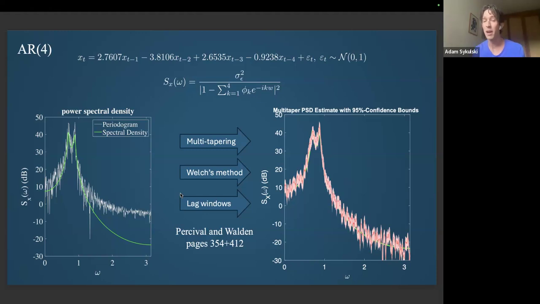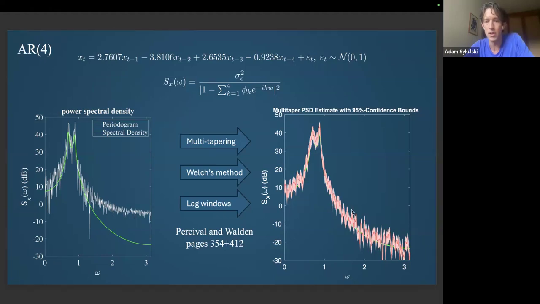And in the state of the art, there exist many, many methods for correcting this bias and reducing some of the variability of the periodogram. These include, for example, multi-tapering methods, Welch's method, and lag windows, and these have existed for quite some time. You can read about them in Percival and Walden's Spectral Analysis book on these pages, and you can see that you can correct this white curvy line, for example, with a multi-taper estimate to this red line with some confidence intervals, which is doing much better than before.